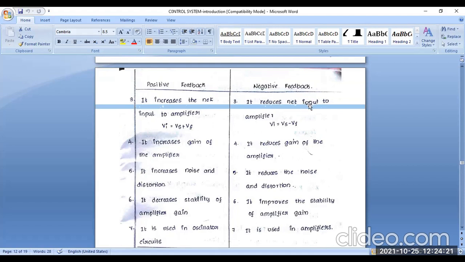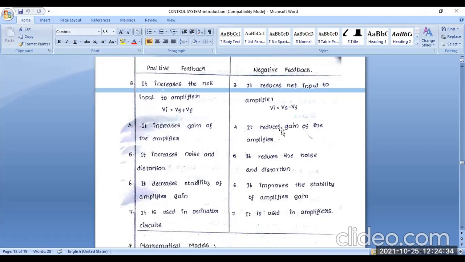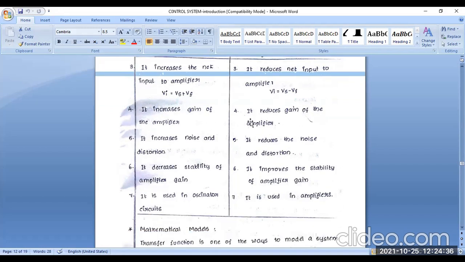In the control system, in the positive feedback system, the gain of the amplifier section increases. But in the negative feedback system, the gain of the amplifier section reduces. Also, the positive feedback system increases the noise level or distortion level.